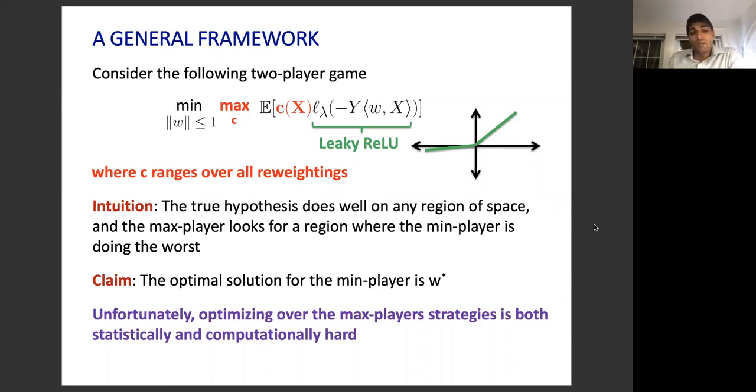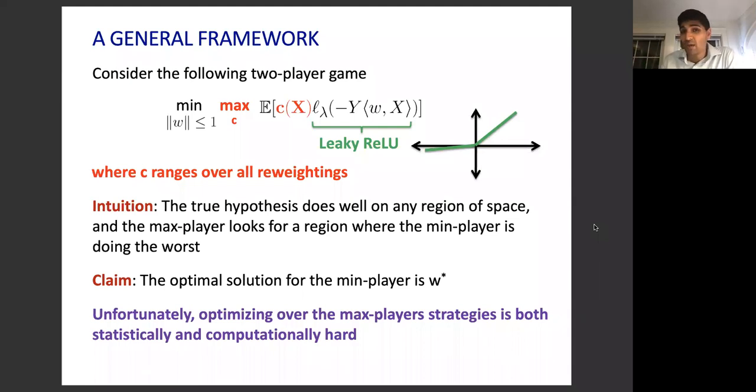In fact, not only is the best response problem of choosing the best response from one of the player's perspectives computationally hard, it turns out that this framework is even statistically hard to reason about. Who's to say, when I really care about the loss function as being the expected loss, that I can take a polynomial number of samples and estimate the expected loss?